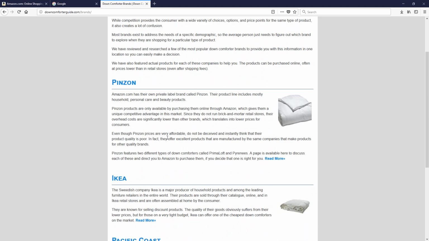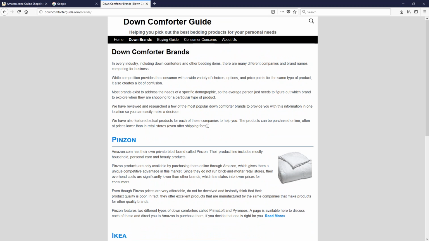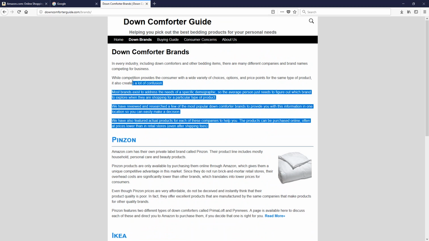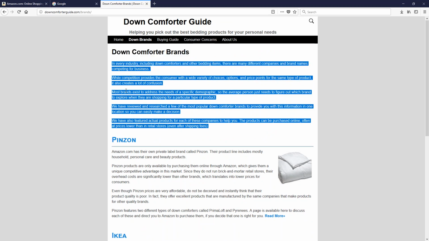So when I start by writing the product pages first, and then I move backwards to this category page, I'm basically writing a summary for this category. What is this category page about? So this one is about the brands.